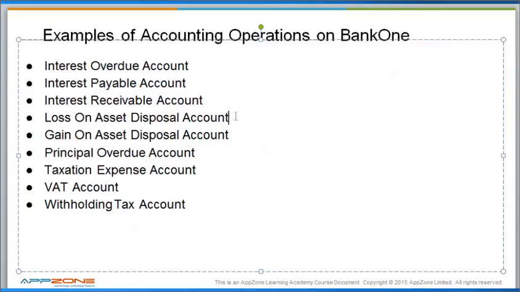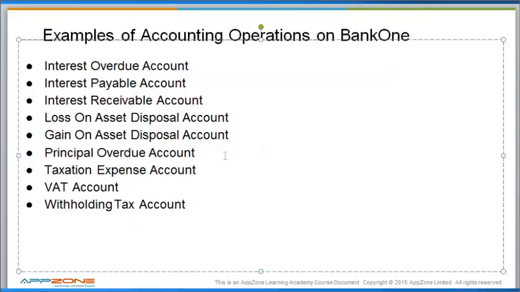So if it is at a loss, then such loss is posted into an account called loss on disposal account. Then if it is a gain, such gain is posted into an account called gains on asset disposal account.